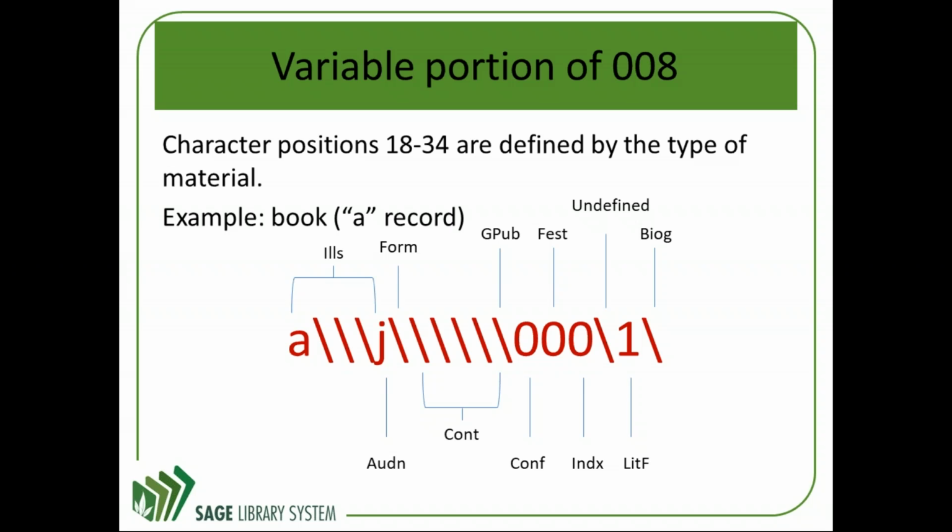The next one, which would be position 23, is the form of the item. In most cases, we're going to see that as a backslash. It's blank. Sometimes you'll see it not blank, with an actual code in there, when, for instance, the item is maybe a large print book or microfilm.